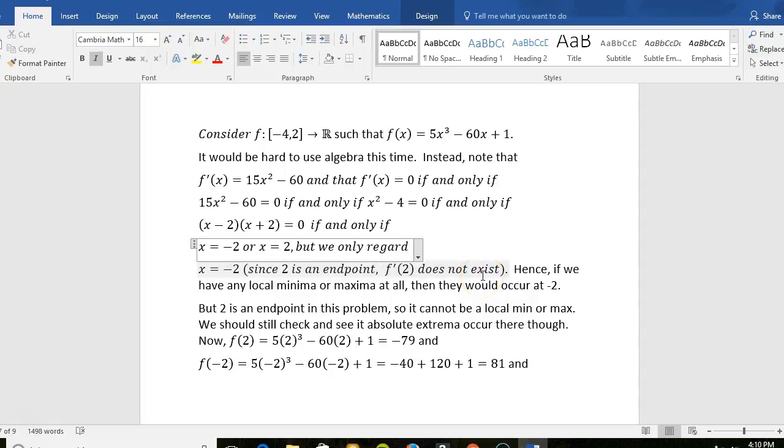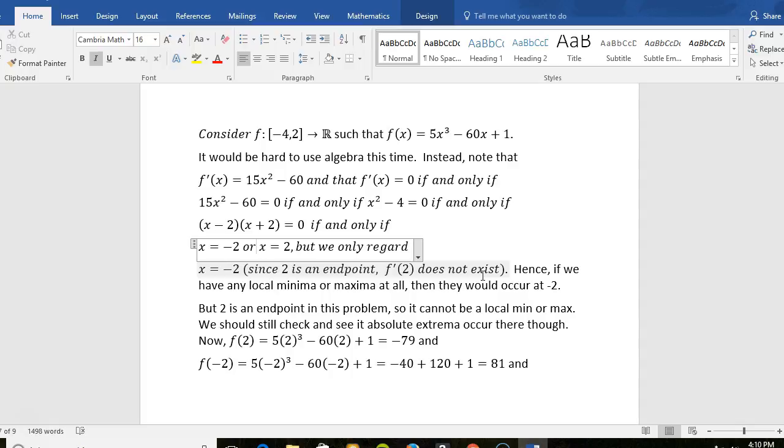In another video I may talk about one-sided derivatives, but we're not going there right now. One-sided local endpoints will never be local extrema, they don't qualify, and the overall derivative will never exist at an endpoint either.